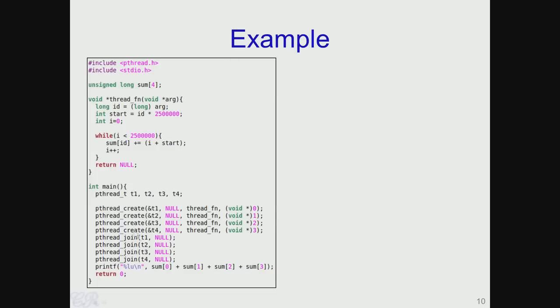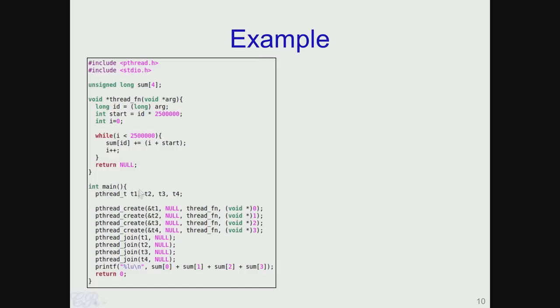This code creates 4 threads, and each thread finds the sum of a different 2.5 million set of numbers. These 4 threads execute in parallel and therefore very quickly find the sums, and then we add the results to get the sum of the first 10 million numbers. Let us see this example in more detail.